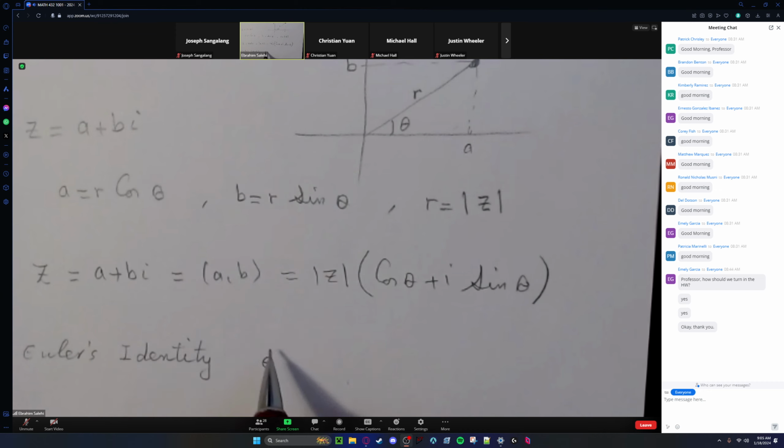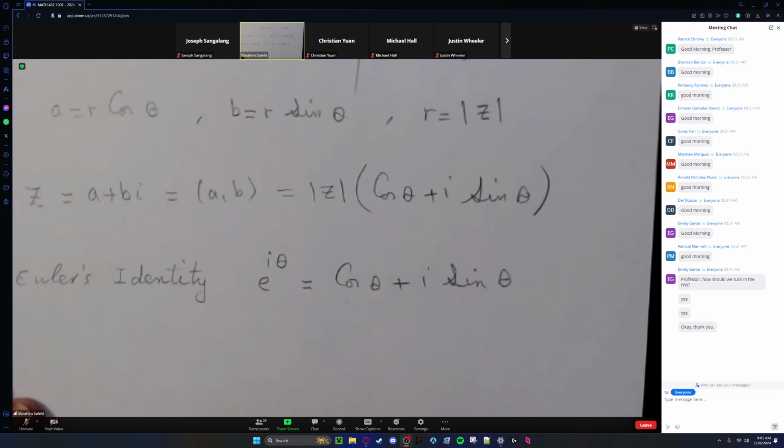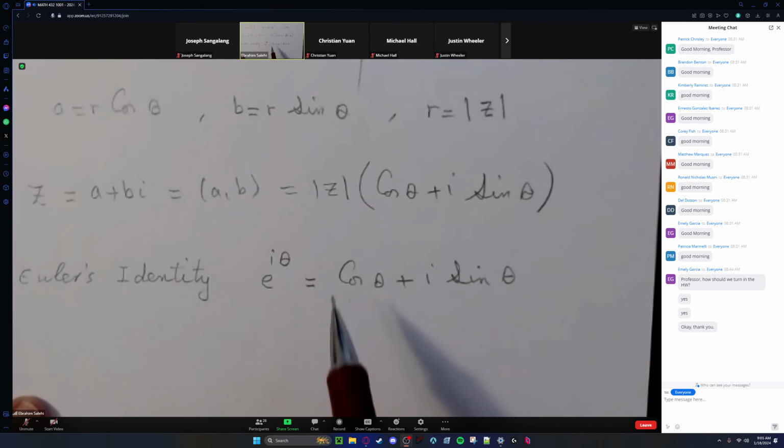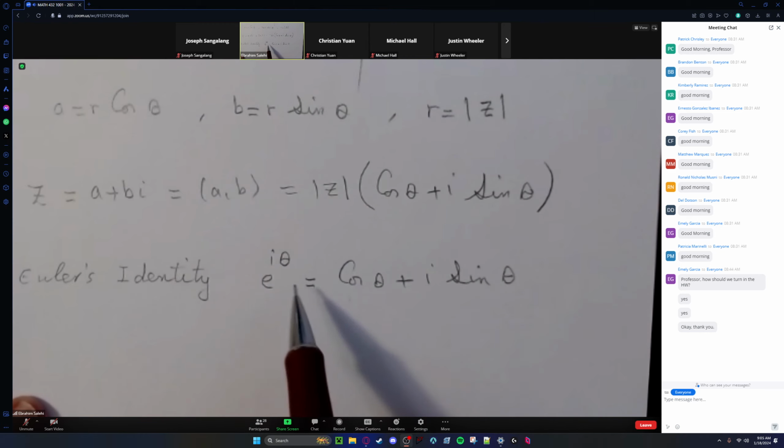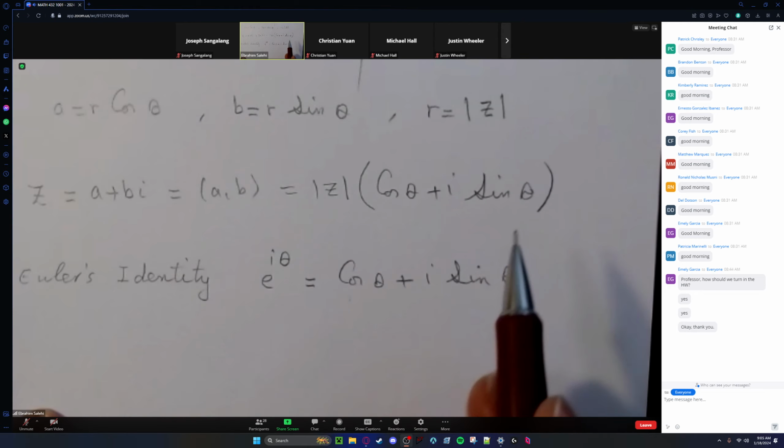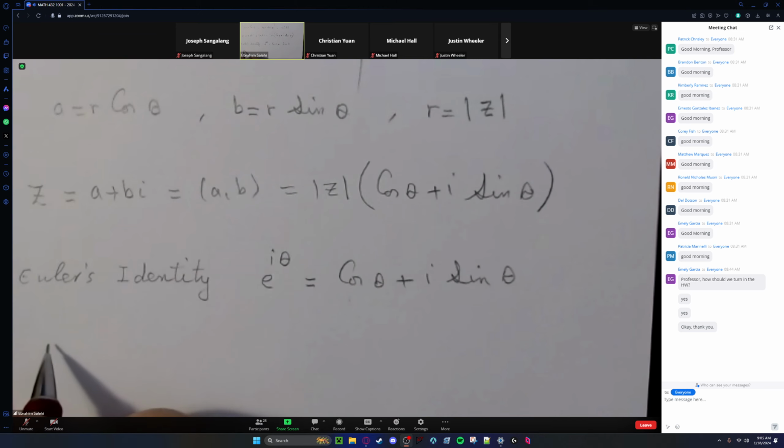So e to the i theta is cosine theta plus i sine theta. If I use this Euler's identity, this is what I get: z is the modulus of z times e to the i theta.